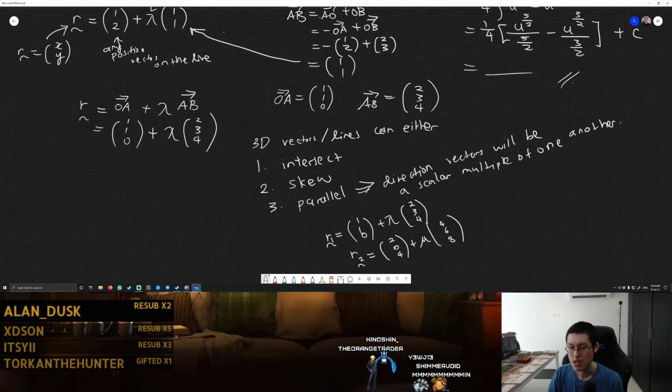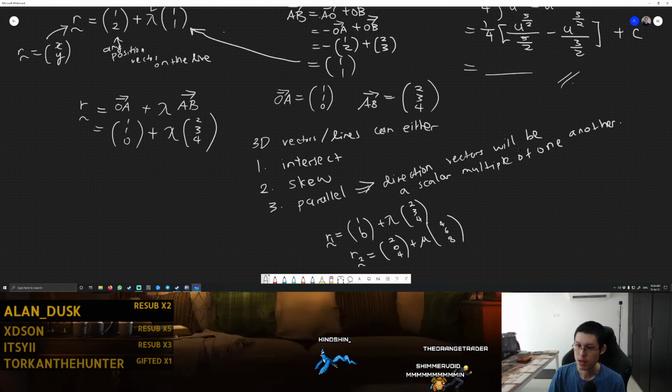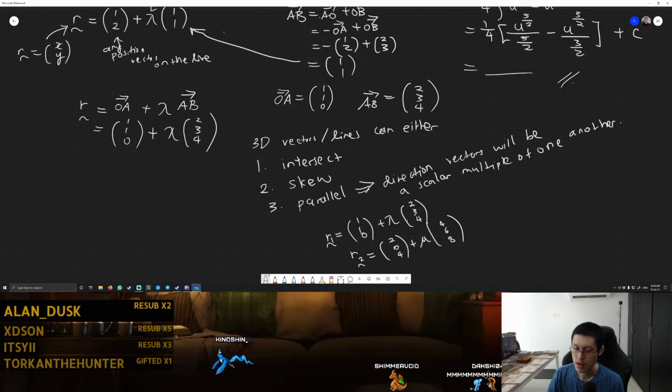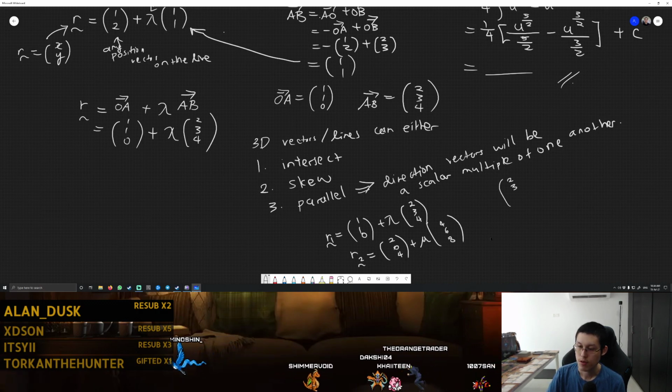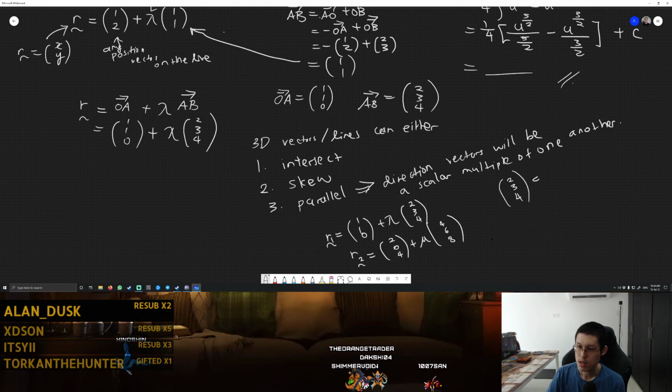Okay, so these are two different lines. Direction vectors refer to these matrices here, not these ones. These ones are just points on the line, position vectors on the line. These are the direction vectors. If you look at these two direction vectors, you see that (2, 3, 4) is actually half of (4, 6, 8).